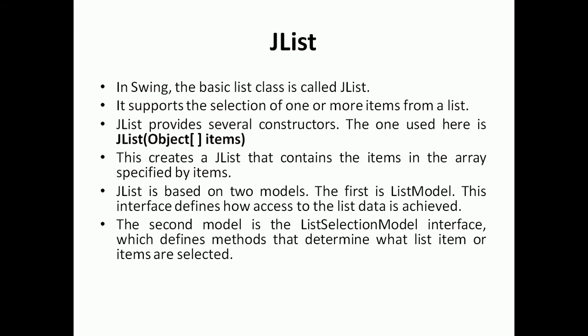JList is based on two models. The first one is the list model. This interface defines how access to the list data is achieved. The second model is the list selection model interface, which defines methods that determine which list item or items are selected.